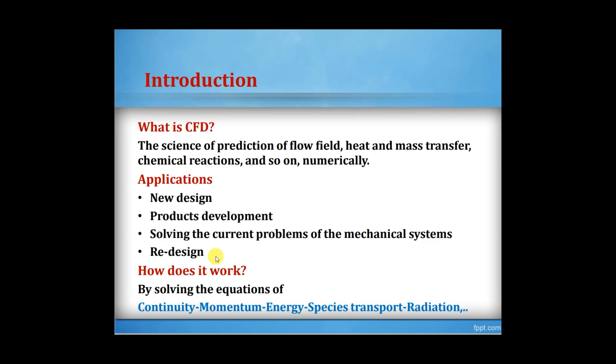Sorry, the other segment of the slide is how it works. It is an important question in everybody's mind, how Ansys Fluent finds the answer. There are some equations, as you know, in fluid mechanics and heat transfer. If you solve them, you will have the answer.